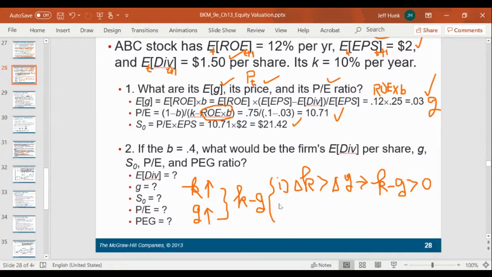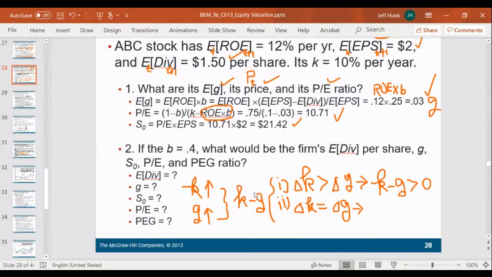And the second scenario is, of course, if the change in K equals the change in G, then there will be no change.